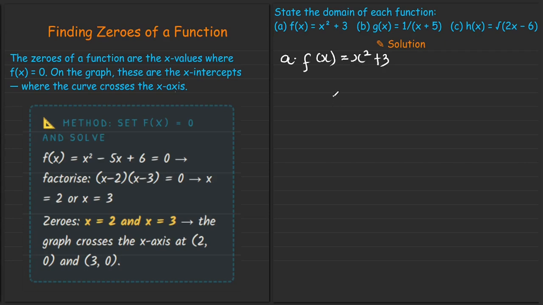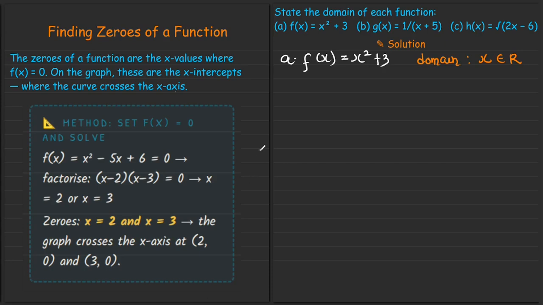In that case, we just say the domain is what? The set of real numbers. That simply means that the x values can be any value at all on our number line, and it will still make this function valid. So since there's nothing to solve, we can say the domain x is an element of what? All real numbers. As simple as that.